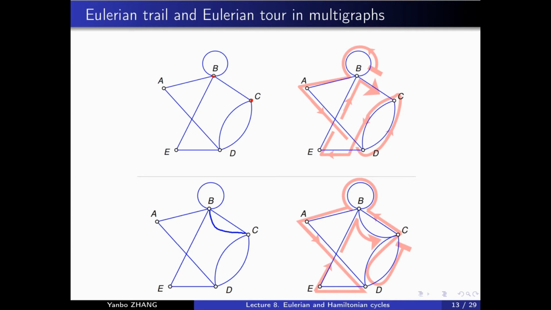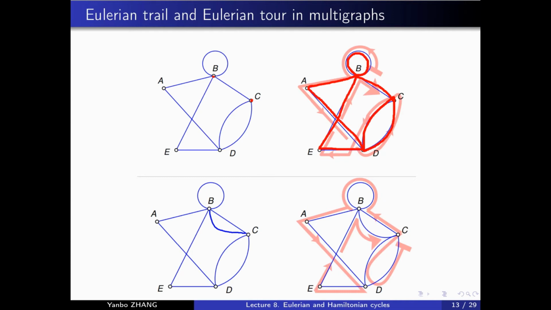We can find an Eulerian trail B, A, D, C, D, E, B, C. In the second graph, the degree of every vertex is even, so it has an Eulerian tour.